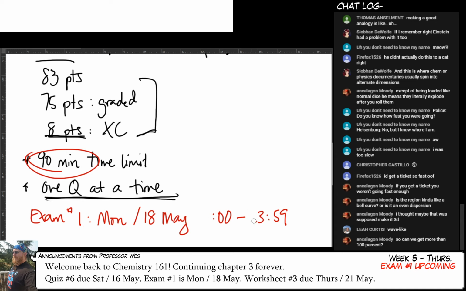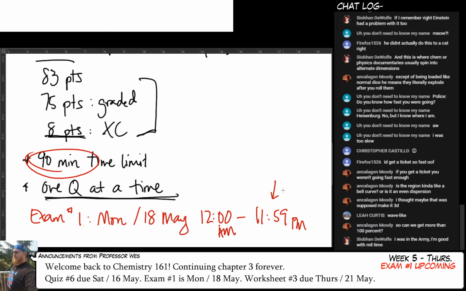Hold on. So midnight to 11:59. It will be open the entire day. You need to start your attempt within that window. If you start your first attempt at 11:58, it will be closed before your second attempt.